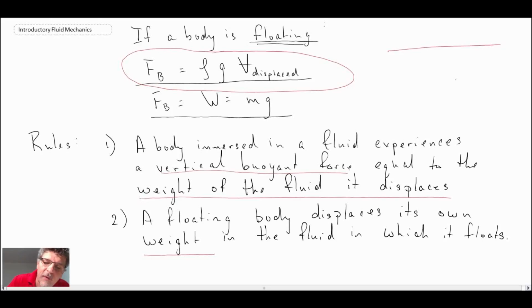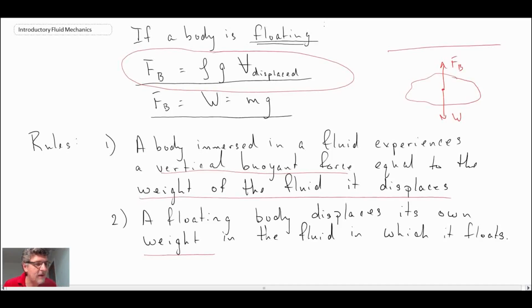If you have some object floating and it's not moving, you have the weight, but you also have the buoyancy force acting there, and if those two are equal, the object won't move. The buoyancy force is equal to the weight of the volume displaced of the liquid, and the weight is the weight of the object. And that gives you the equilibrium. So those are a couple of the rules that we have for buoyancy.